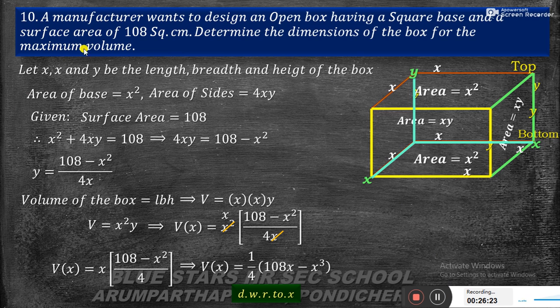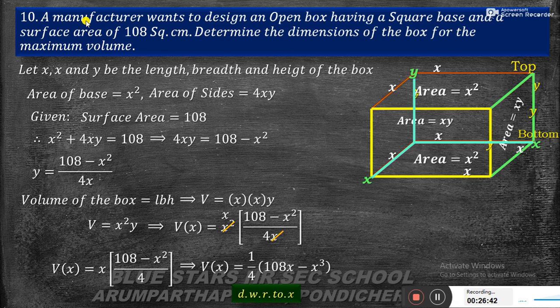So you see the 10th problem. A manufacturer wants to design an open box having a square base and a surface area of 108 square centimeter. Determine the dimension of the box for the maximum volume.